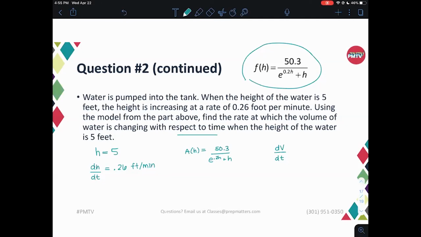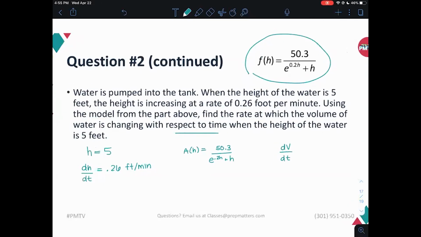We know that volume is the antiderivative of area. So when we integrated area in part C above and part A, we got volume. Volume is the antiderivative of area. So we therefore then know that area is the derivative of volume. Area is the derivative of volume.